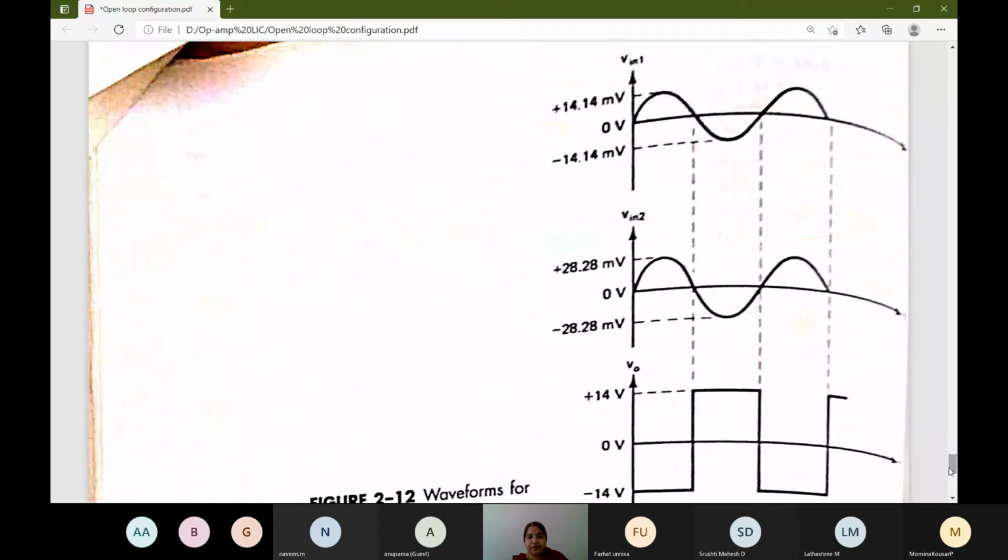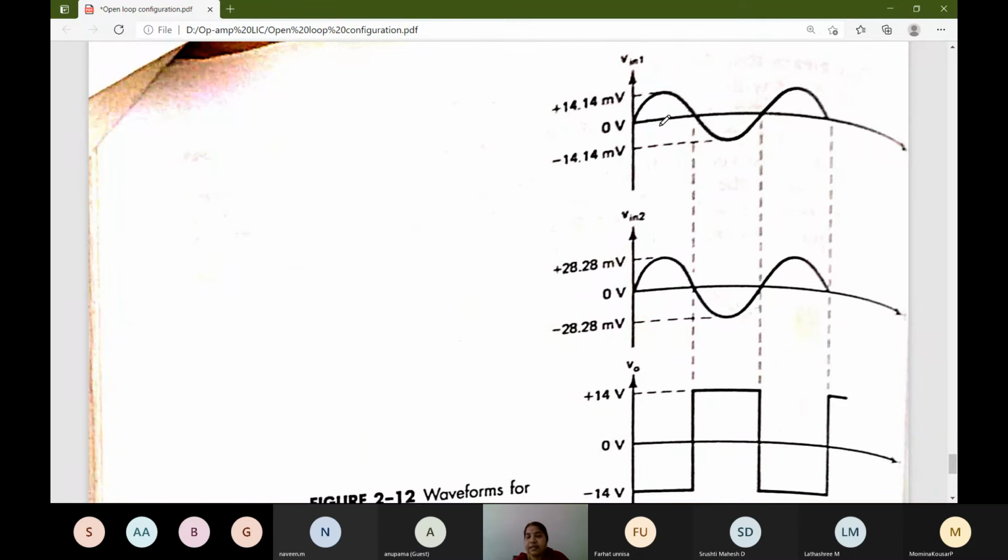I hope you can see this waveform. See here, V in is just an example. Say we are giving 14.14 millivolts and the second is 28 millivolts. From peak to peak, this is plus 14 minus 14, and the second is plus 28 minus 28.